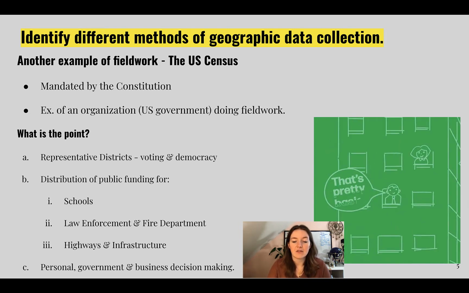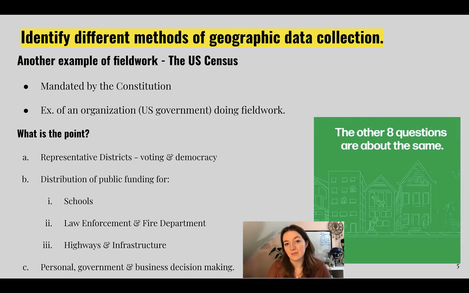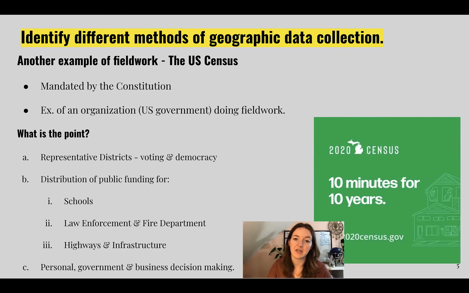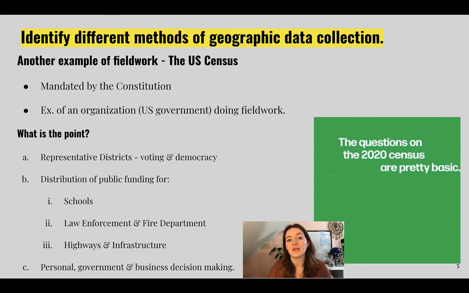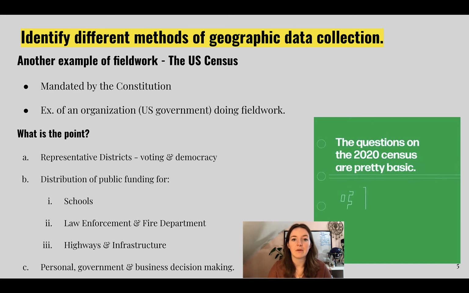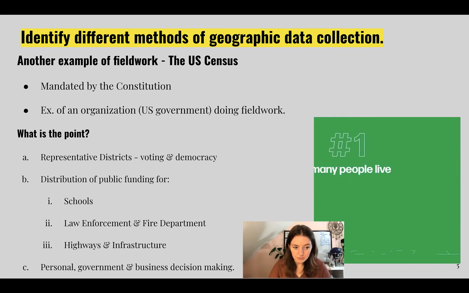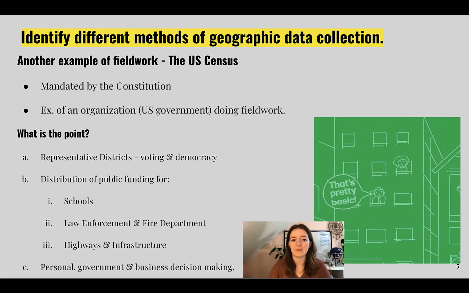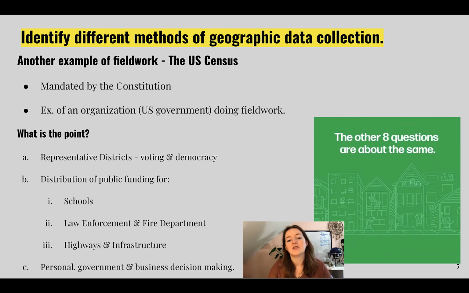And that allows us to have a more representative democracy. So if we have a better understanding of how many people live here, we can better represent them in the government. It also tells us how much public funding needs to be distributed to schools.